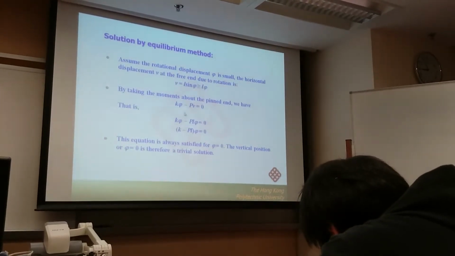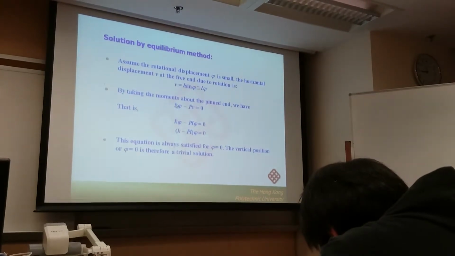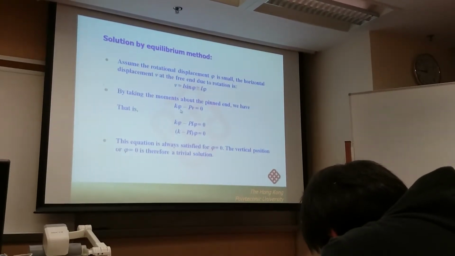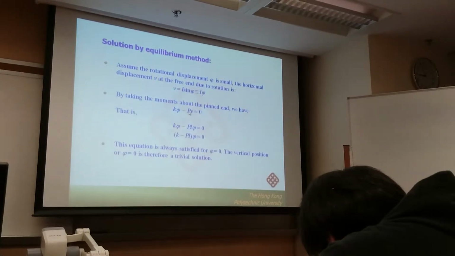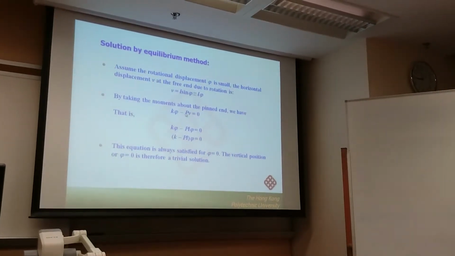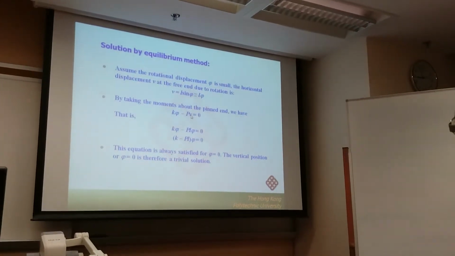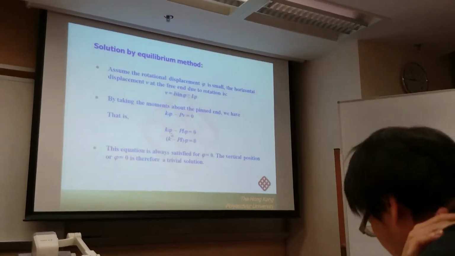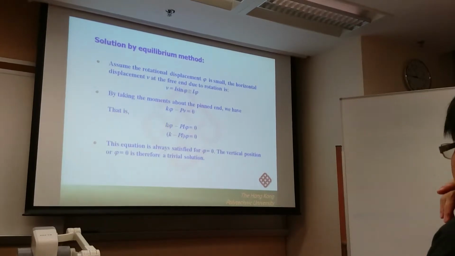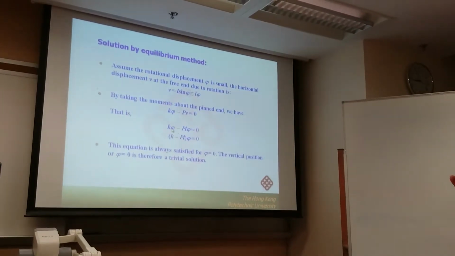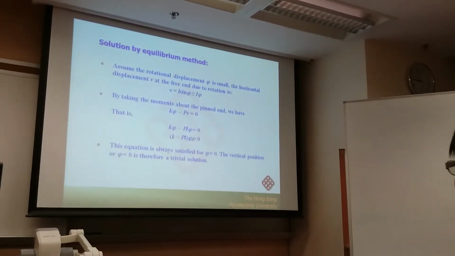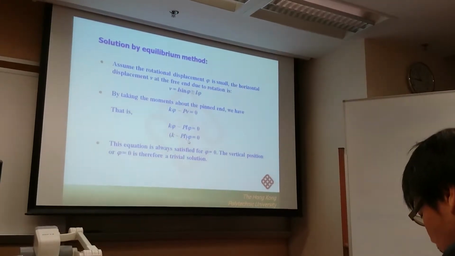So the moment resistance is K times the rotation angle, and the moment due to the applied force is the applied force times the horizontal distance. So we can obtain the moment equilibrium equation, and we can extract this small rotation angle from the equation.